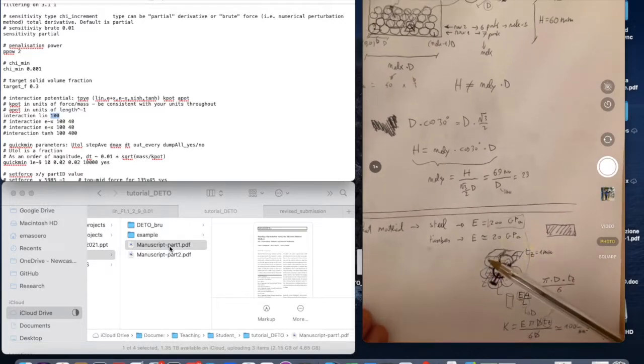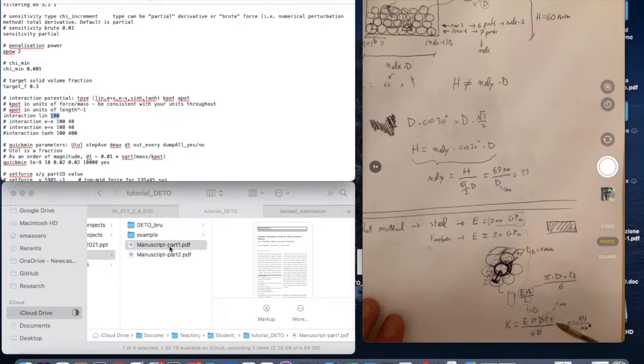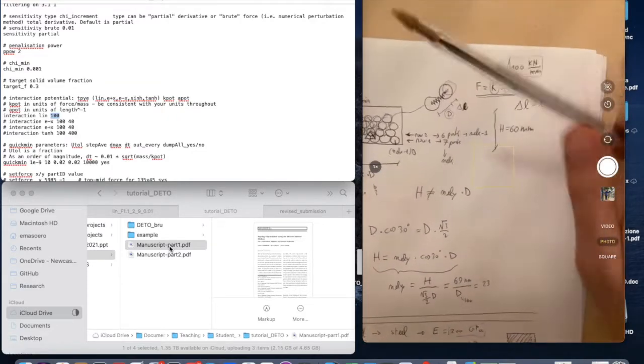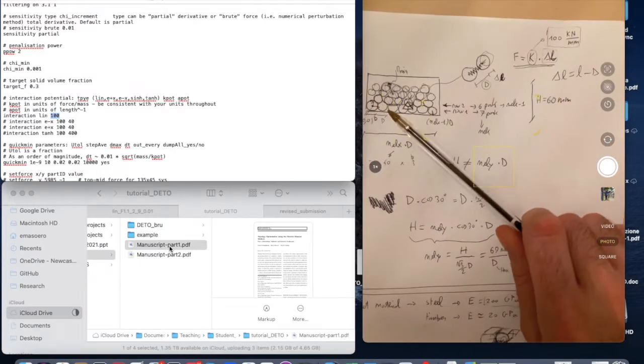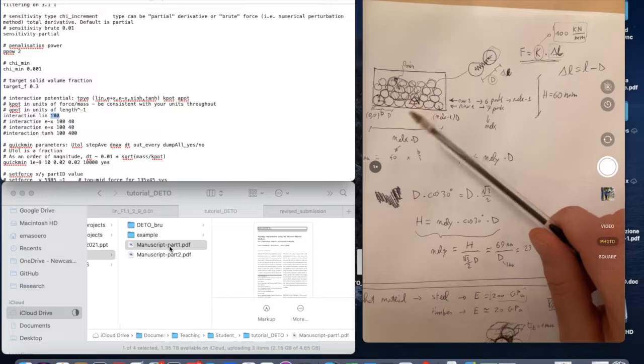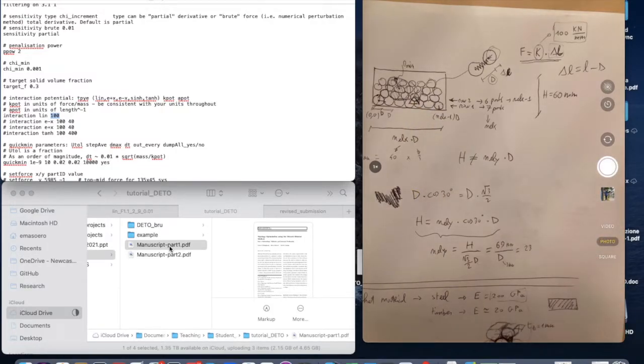As the particles move, these springs with the rate constant of 100 kilonewton per millimeter will generate forces, and these forces will be used to compute, as you follow the paper, the sensitivities that will tell the code how to move the mass towards different parts of the structure, the most important parts of the structure.